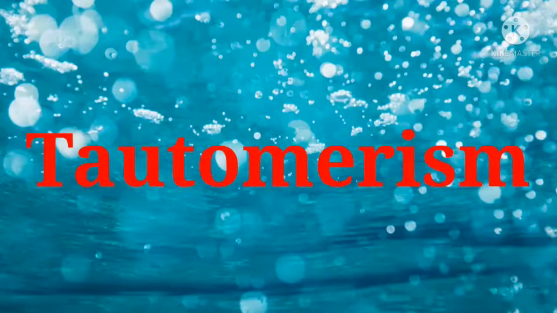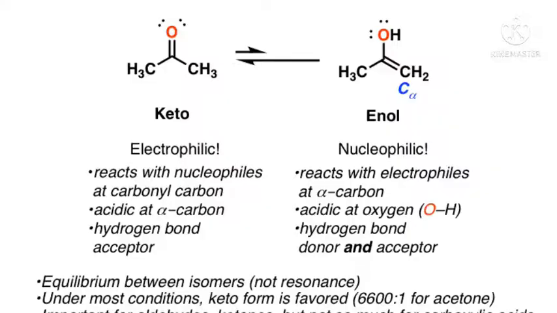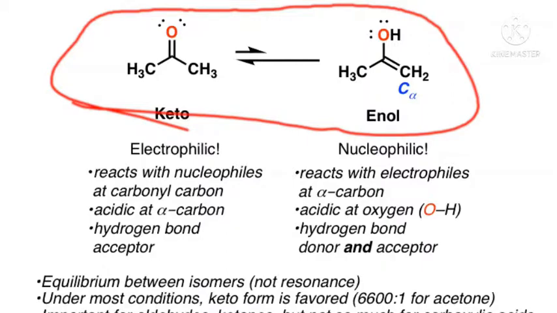Next is tautomerism. Tautomers are constitutional isomers existing in easy and rapid equilibrium by migration of an atom or group. You can see here we have taken example of acetone where ketonic functional group is present.